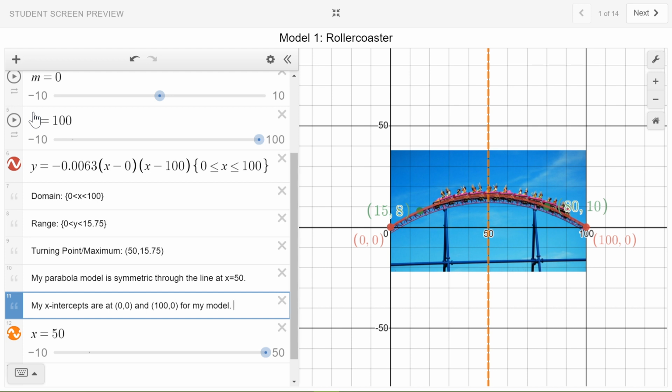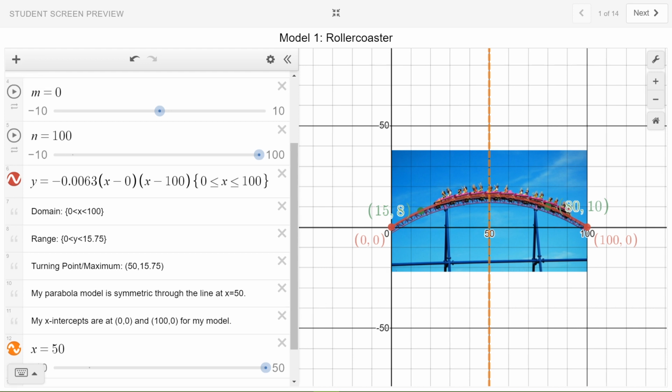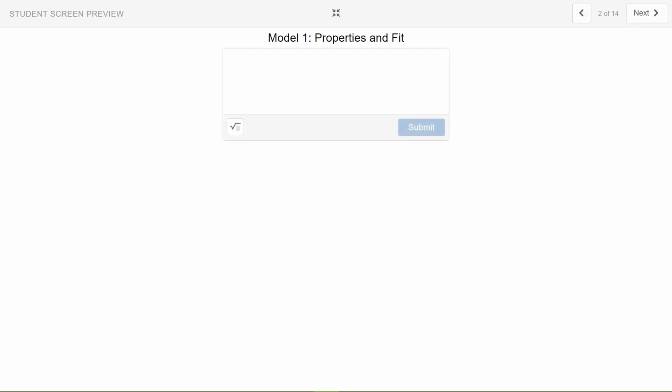For the purposes of what I've done, I've spent about 10 minutes, and this is me doing my model and listing my properties. I don't think that this is a huge ask. Now, I will discuss on Thursday's live stream how we write about the fit of my model, but that's not for today.